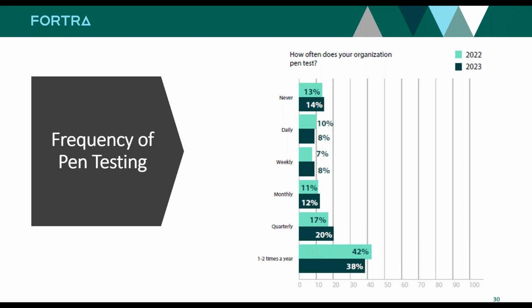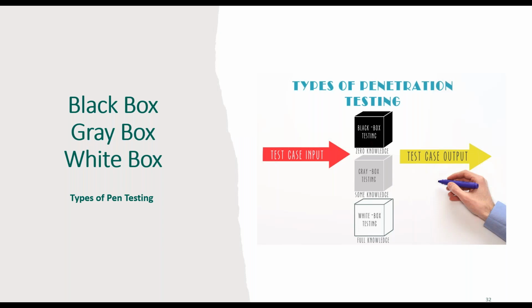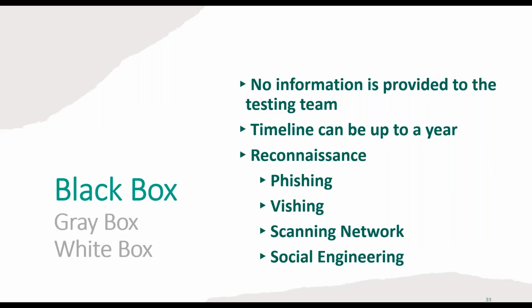So let's talk about the different types of pen testing engagements. You have black box, gray box, and white box. And I'm sure many of you have heard about the black box testing type. So this is truly where no information is provided other than who the target is for the testing team. So that timeline is going to be extensive because of the reconnaissance.